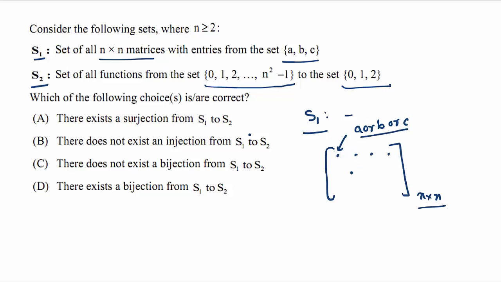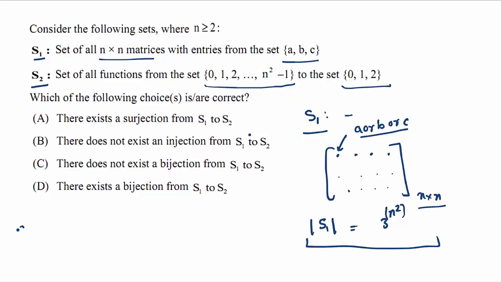So there are three possibilities for every entry. It means that the cardinality of S1 is 3 power n square, because 3 power n square such matrices are possible.